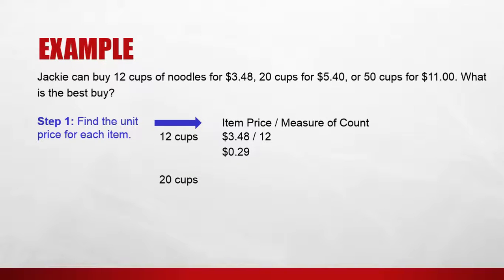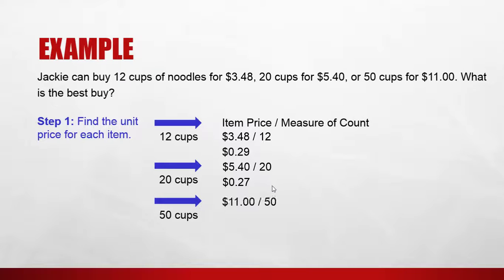Now let's do the 20 cups. Same formula. We do $5.40 over 20. That gives us 27 cents for 1 cup of noodles. Last, let's do 50 cups. For $11, that gives us 22 cents per cup of noodles. So second step is to find the best buy.